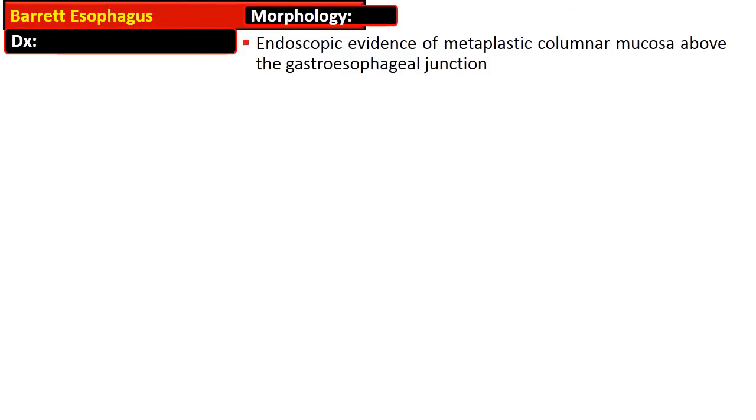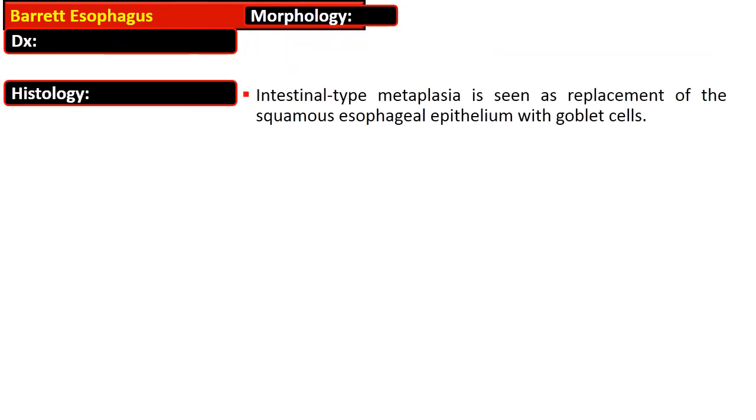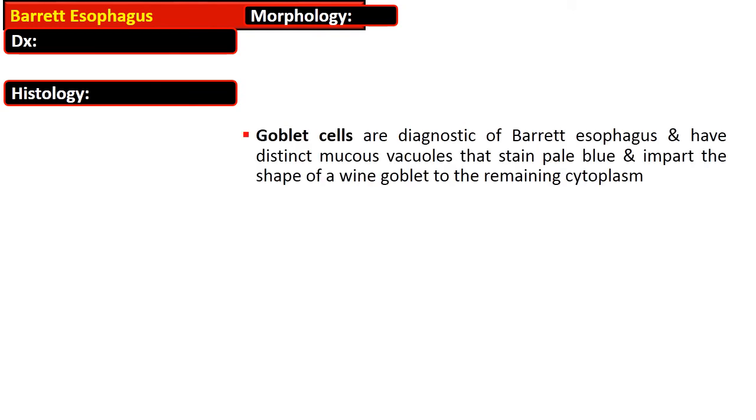The diagnosis of Barrett's esophagus requires the endoscopic evidence of metaplastic columnar mucosa above the gastroesophageal junction. Histologically, it is characterized by intestinal type metaplasia, the replacement of the squamous esophageal epithelium with goblet cells.